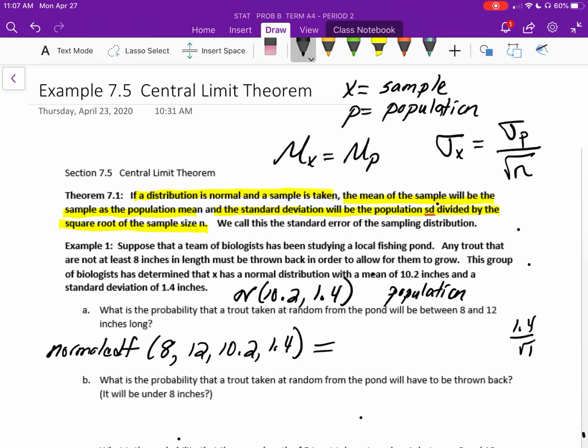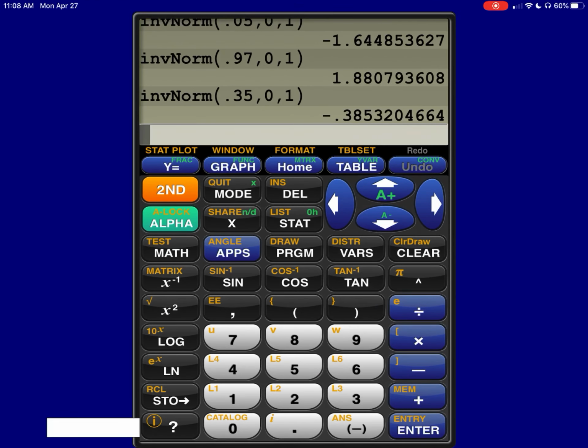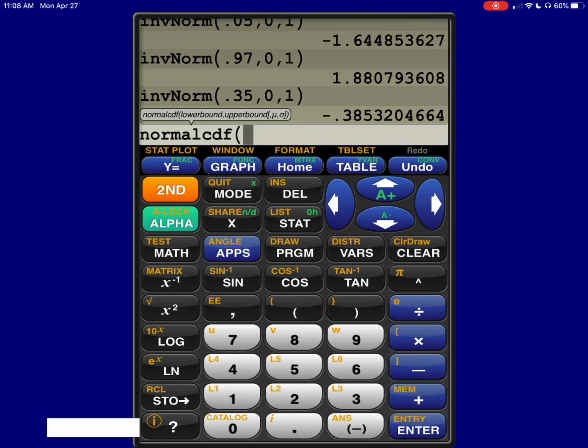But we did have a sample. It was just a sample of 1. So 8, 12, 10.2, and 1.4. Our smallest fish is 8. The largest fish is 12. The average size of the fish is 10.2. And I believe it was 1.4.